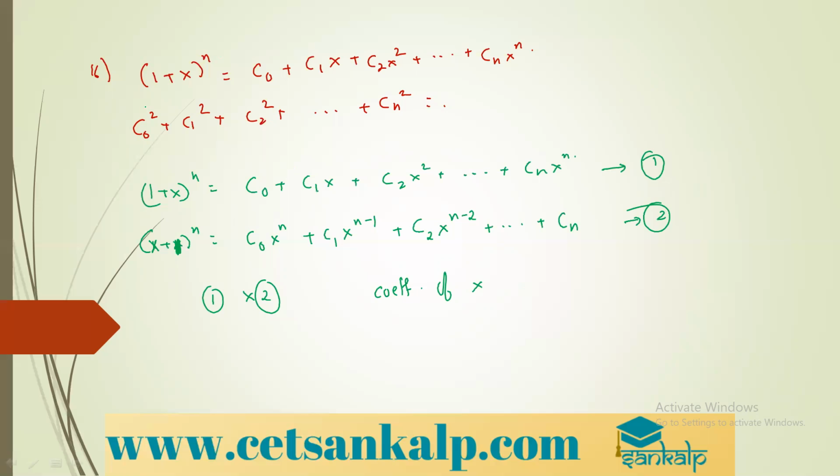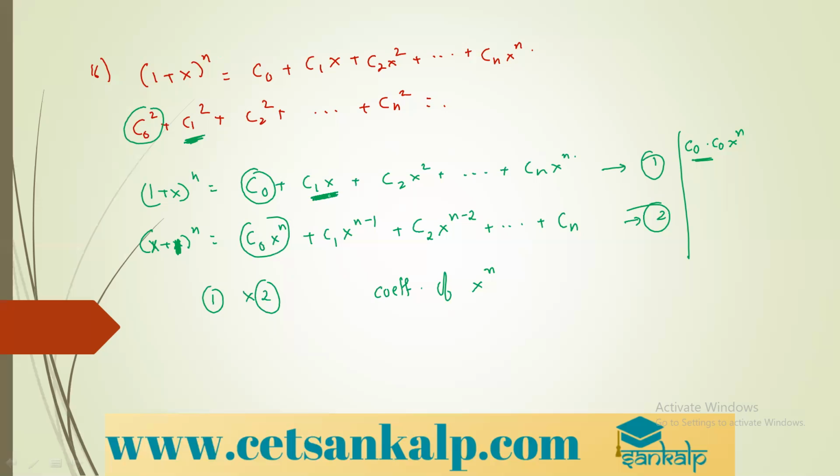For that you see here C0 square. If I multiply C0 and this, on the right side I will write C0 C0 x power n. I will get C0 square and that is the coefficient of x power n. So I have to take coefficient of x power n. If you want, you can check with C1 square.